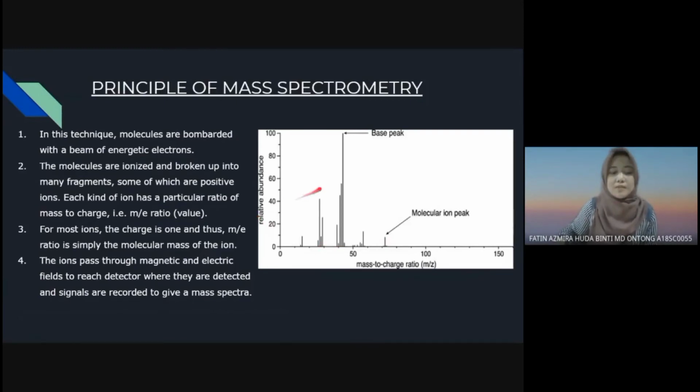So basically, from my presentation, in this technique, molecules are bombarded with a beam of energetic electrons. The molecules are ionized and then broken up into many fragments, some of which are positive ions. Each kind of ion has a particular mass to charge ratio. For most ions, the charge is 1 and the mass to charge ratio is simply the molecular mass of the ion.